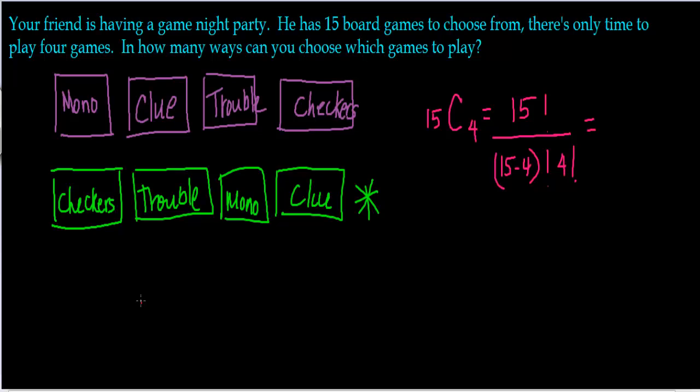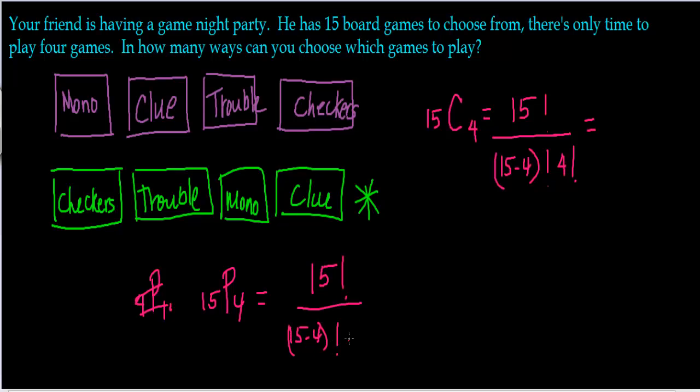So for that second example, I would have 15 permutation 4, and that would be 15 factorial over 15 minus 4 factorial. And since I'm not dividing by 4 factorial, this number is going to be bigger than the combination number. I hope you understood the difference here between combination and permutation.